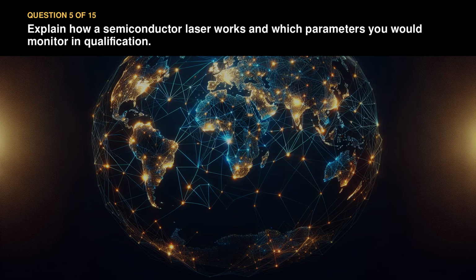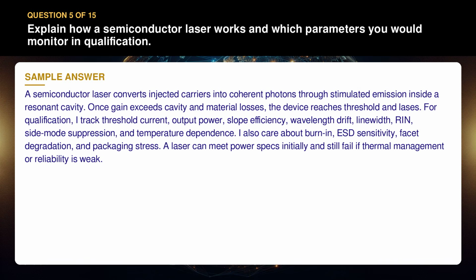Question 5. Explain how a semiconductor laser works and which parameters you would monitor in qualification. A semiconductor laser converts injected carriers into coherent photons through stimulated emission inside a resonant cavity. Once gain exceeds cavity and material losses, the device reaches threshold and lases.